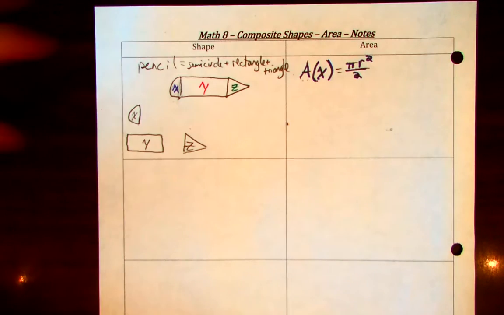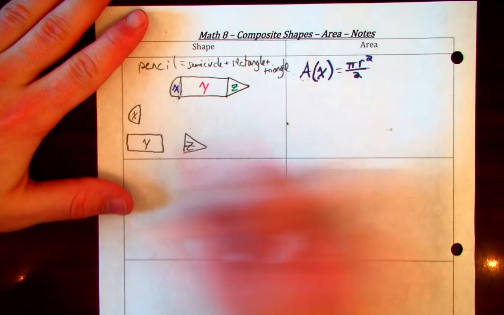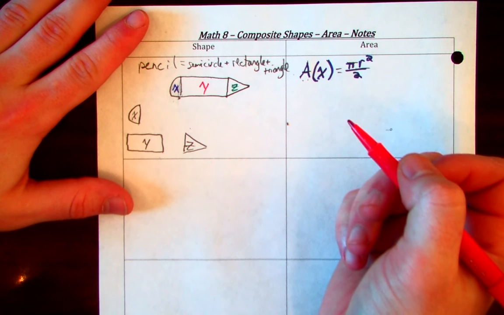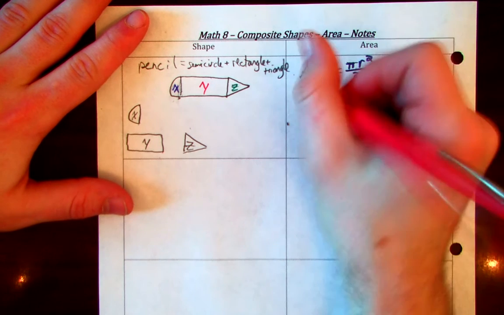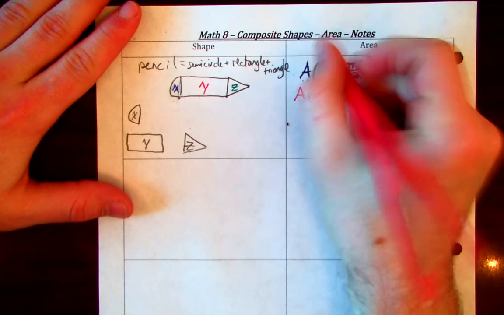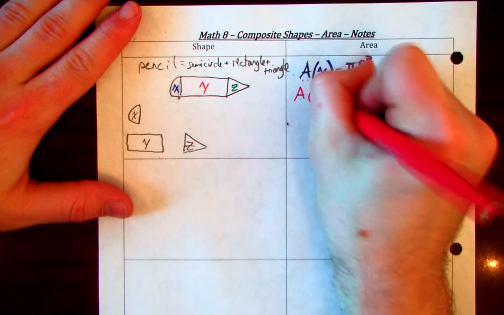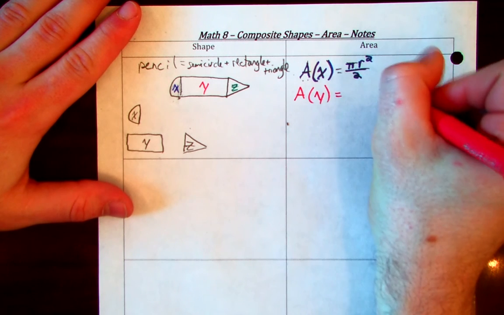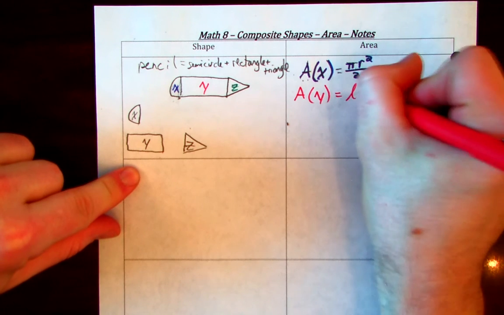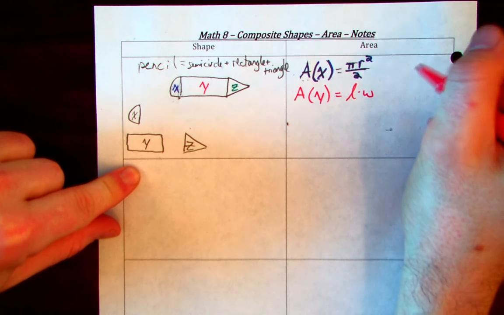All right, so now we still use that same idea for our rectangles that we did before. So the area of our rectangle is going to be equal to the length times the width, just like before.